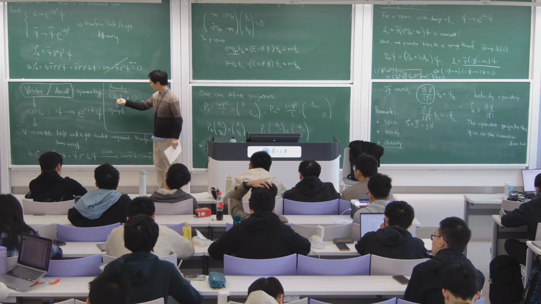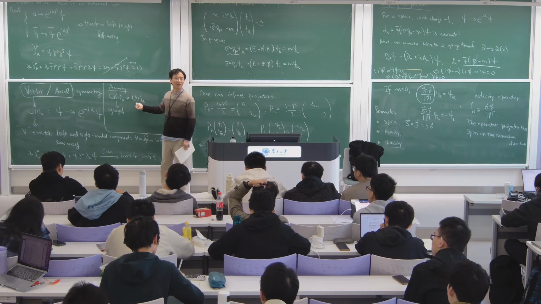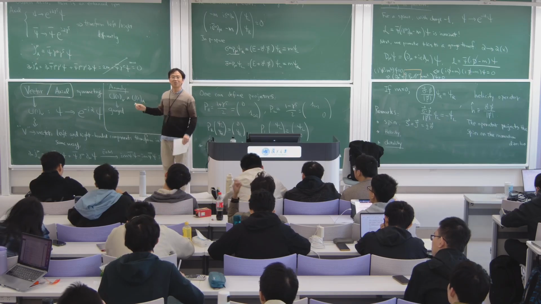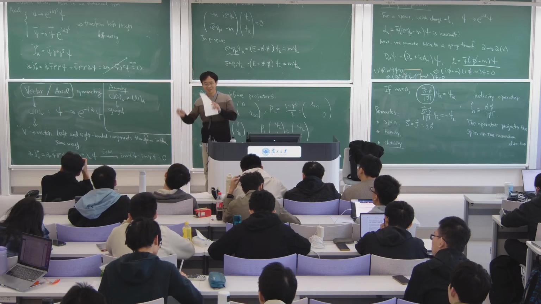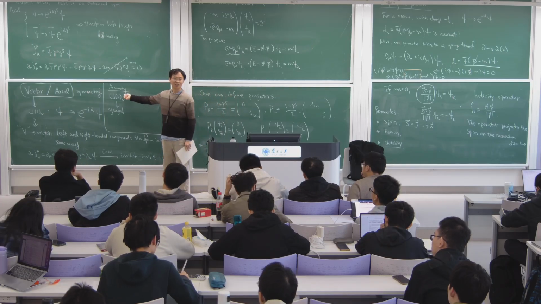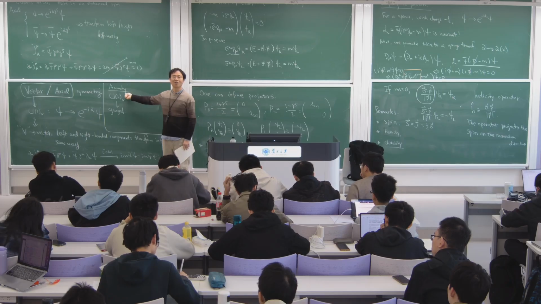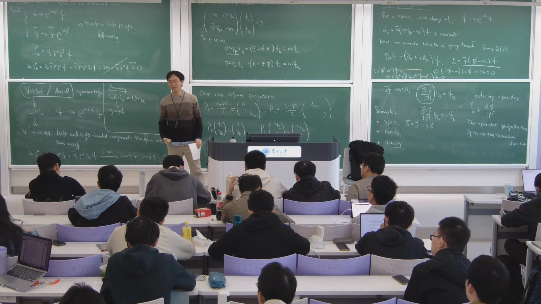that when you gauge this one, the other must be broken at the quantum level. Whenever you gauge one symmetry and the other is broken at the quantum level, you define it as an anomaly, because anomaly means the symmetry is broken by quantum effects.